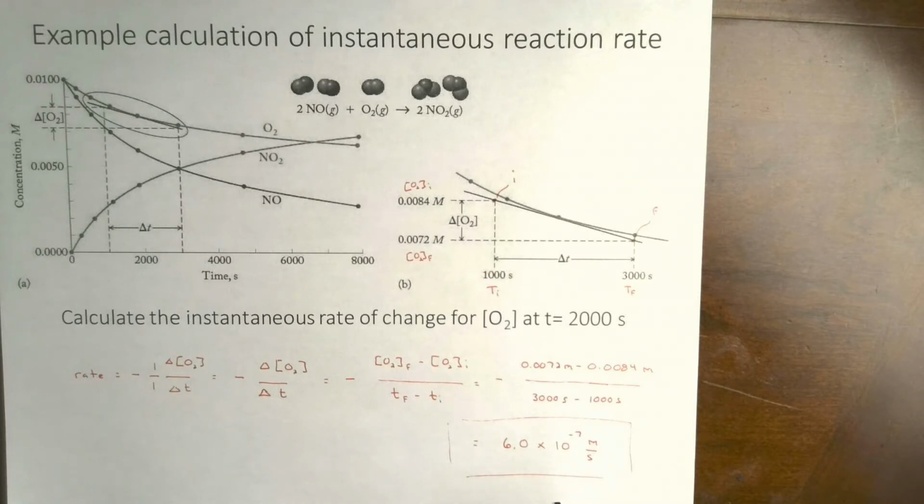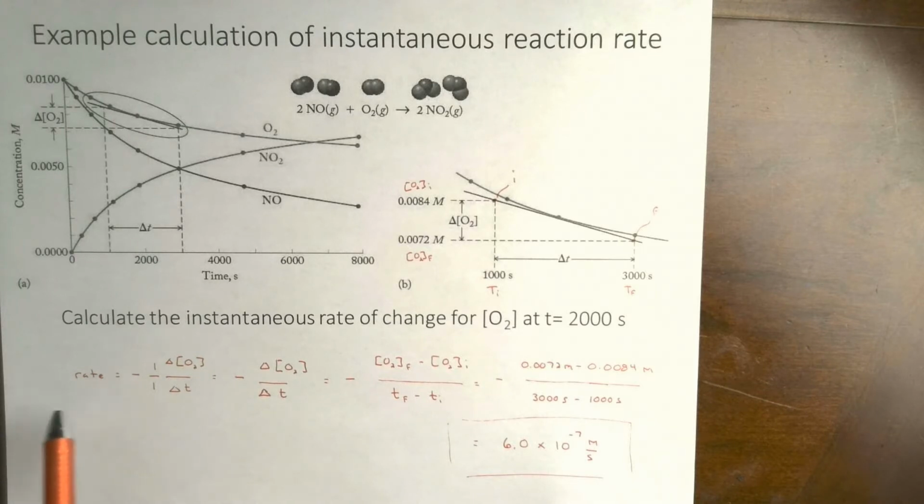And the question was, well, yeah, so the reaction rate comes out to this positive number, so you would expect that the amount of oxygen would then be increasing, right? And the answer is no, not necessarily. When we calculate, reaction rate is defined as a positive number.